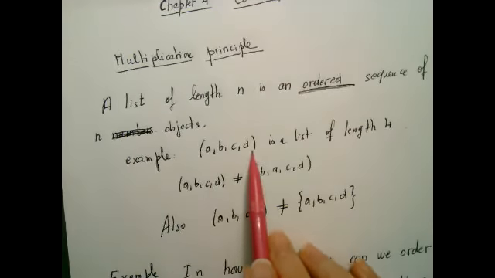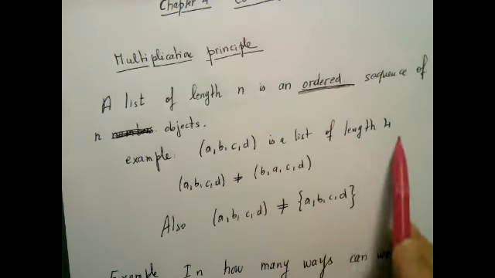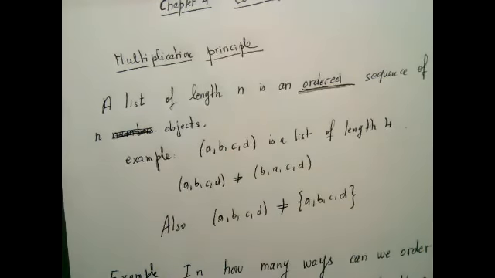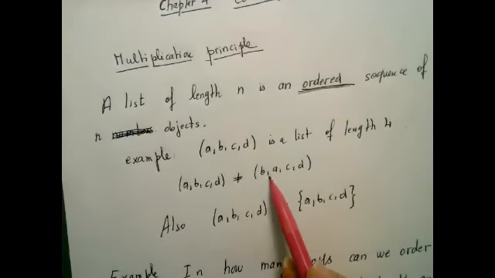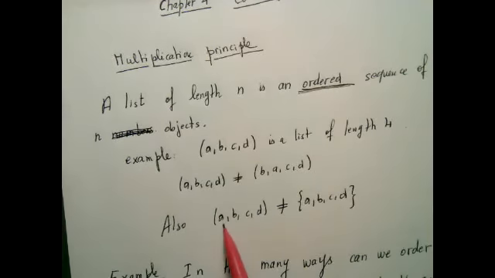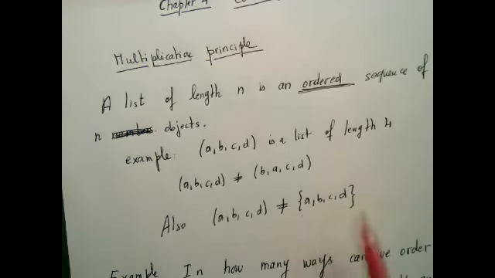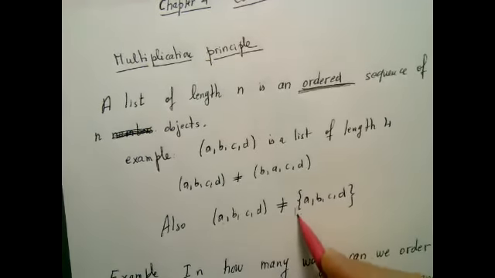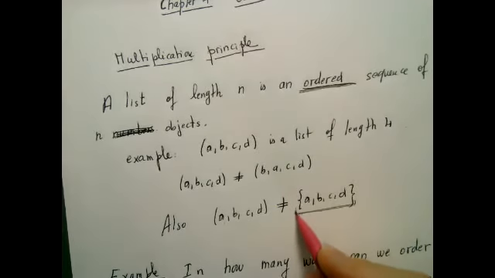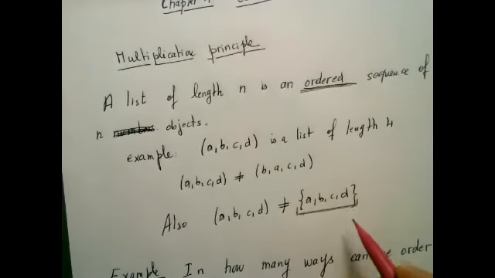So A, B, C, D is a list of length 4, as is 1, 2, 3, 4. Ordered means A, B, C, D is different from B, A, C, D. Also, A, B, C, D is different from the set notation, because when I'm putting braces, what am I talking about? This mistake showed up also in your homework.